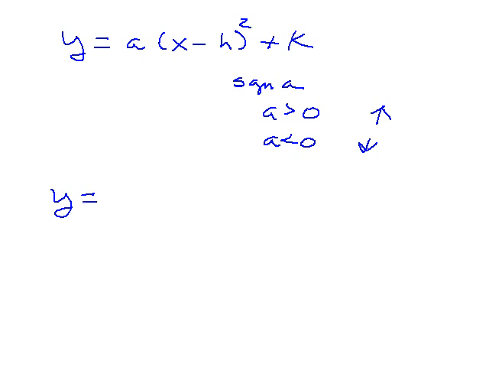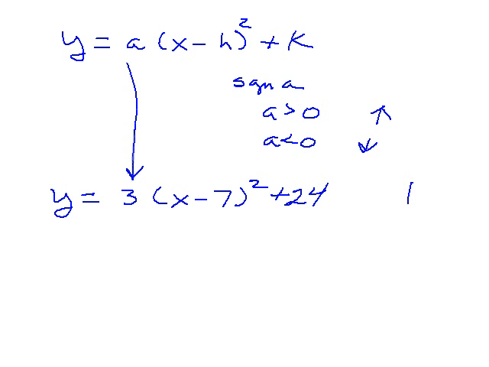So here's an equation. I just say 3 times (x minus 7) squared plus 24. All you have to do now is just pattern recognition. A is 3, so it opens up. If I look at this x minus h, I have x minus 7. 7 is h, and at the end the plus 24 is the k.